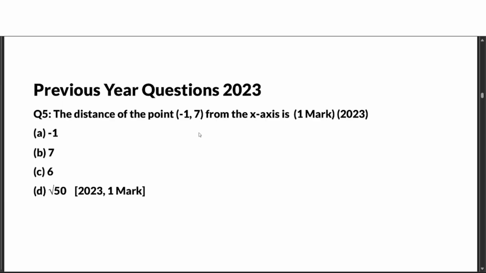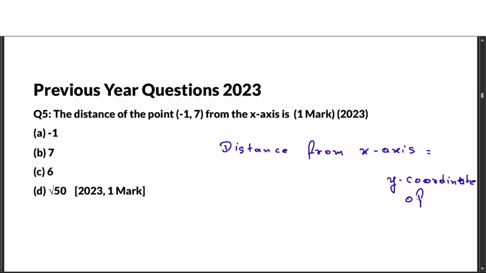Here we are only asking the distance of the point from the x-axis. So the distance from the x-axis is equal to the y coordinate of the point. The y coordinate is given as 7, so you will say 7 units. So option B is the correct answer.